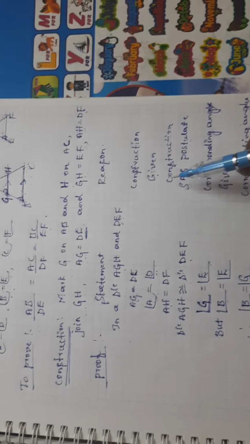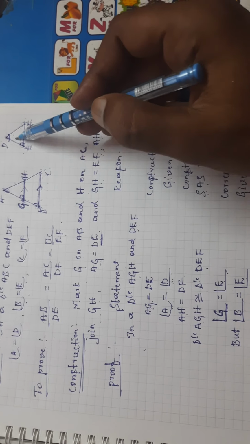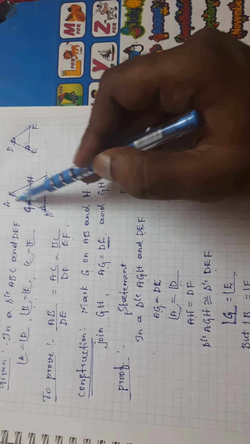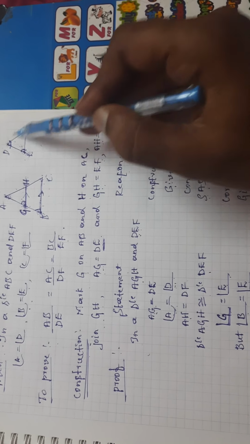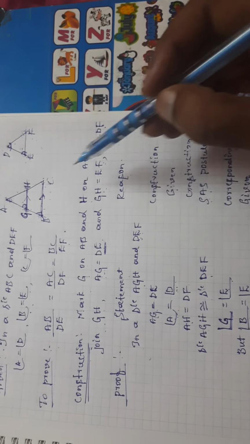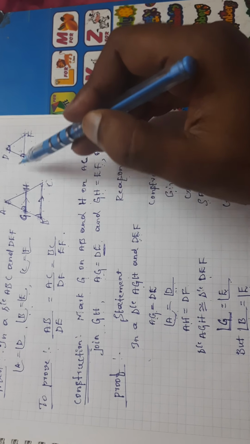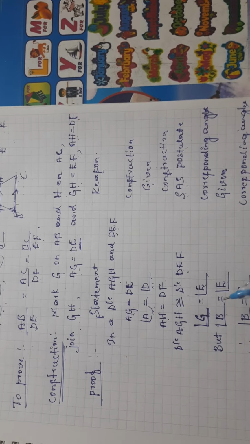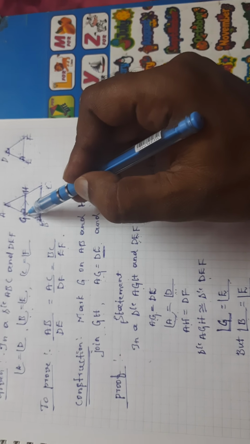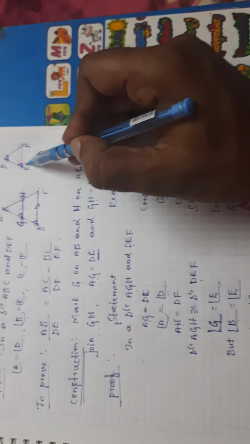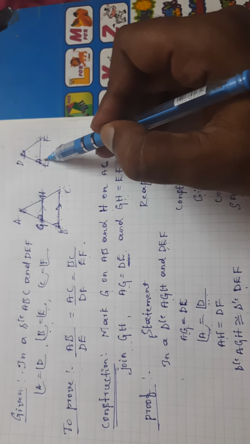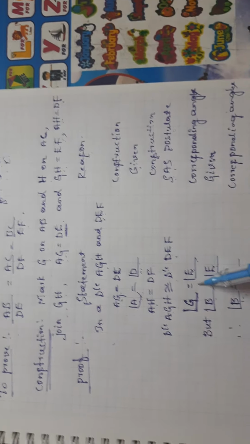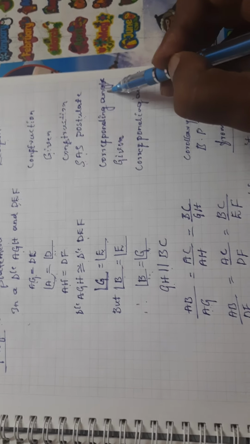What about the sides and angles? All the sides and all the angles are equal. Congruent means all the sides and all the angles are equal. Angle A is equal to angle D, angle G is equal to angle E, angle H is equal to angle F. That means all the angles are equal. Now let us take angle G equal to angle E, because corresponding angles of congruent triangles are equal.